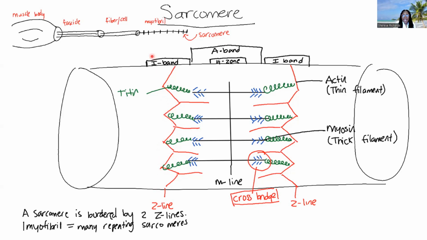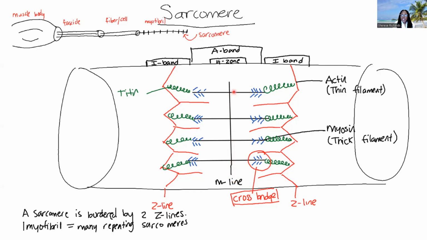This is forming the I band, and the I band is going to be the lightest staining pattern formed by actin only. The A band is going to be the area of overlap. So notice there's an area where actin overlaps myosin. That is the periphery of the A band. The H zone is going to be the central aspect of the sarcomere formed by thick filaments only. And then the thick filaments are going to be anchored along the center of the sarcomere, forming the M line.